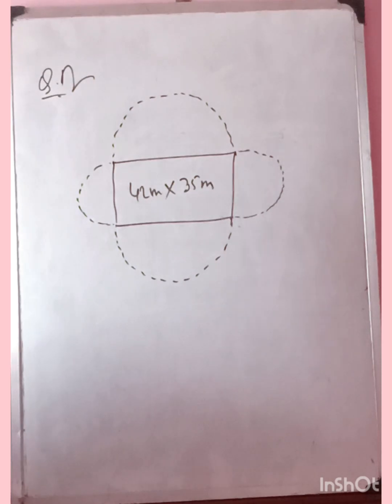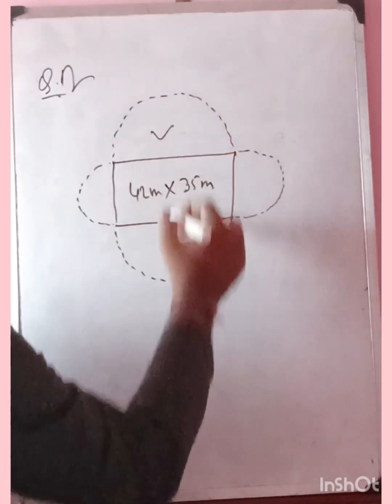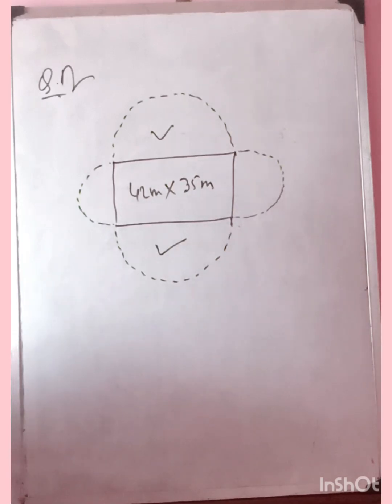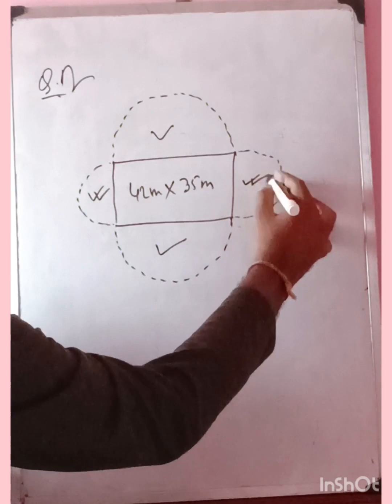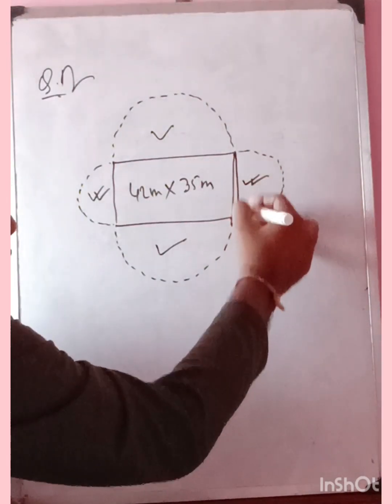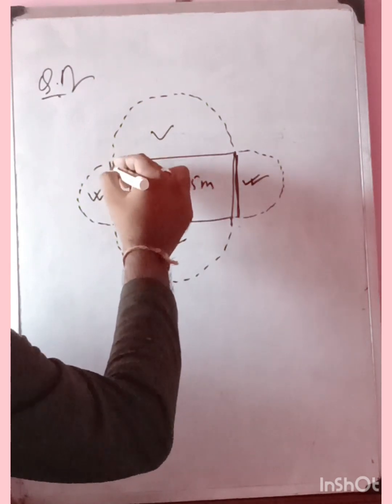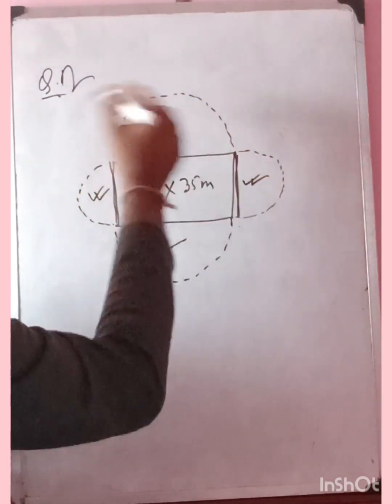Something like this. So, you can easily say that this area and this area will be equal, and this will be equal, because the diameter for this semicircle is equal to the diameter of this semicircle. Similarly for this.